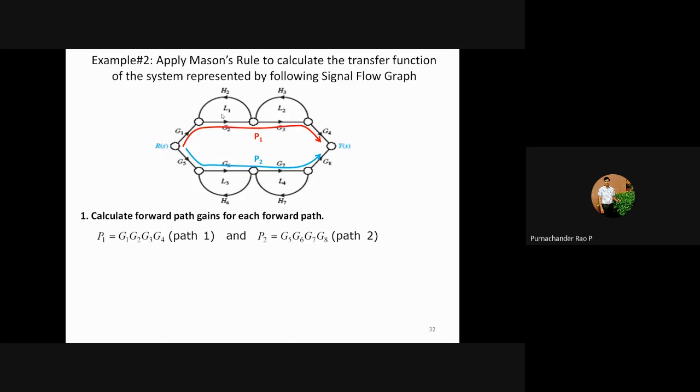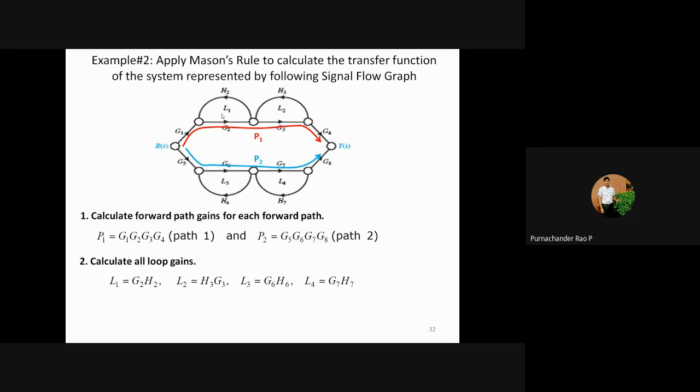Okay, so the forward path gains are given here, and loops, how many loops are there? How many loops are there? There are 4 loops.